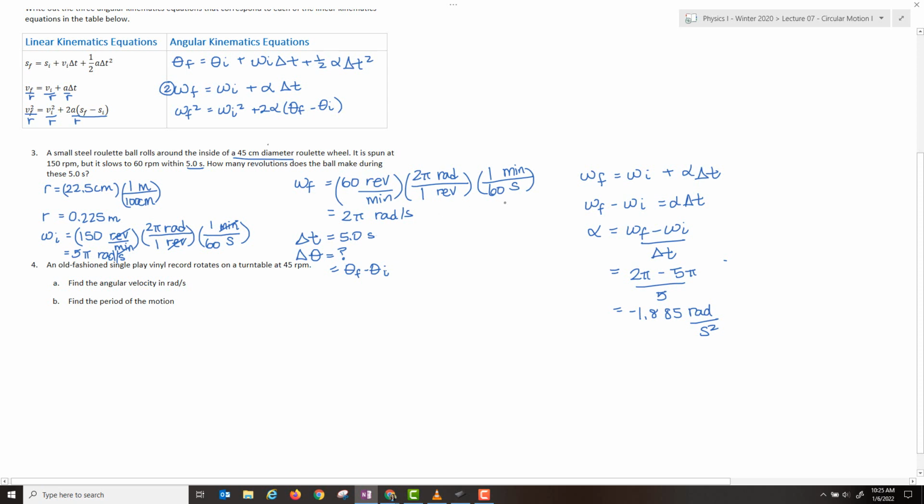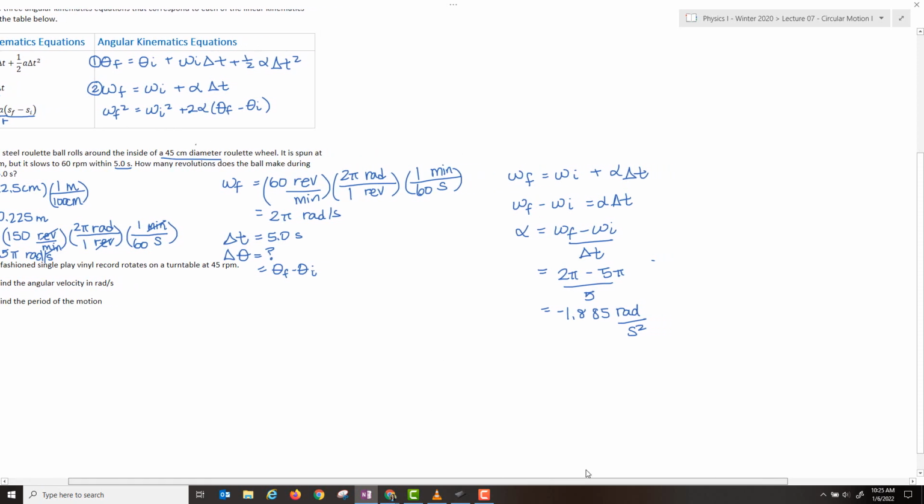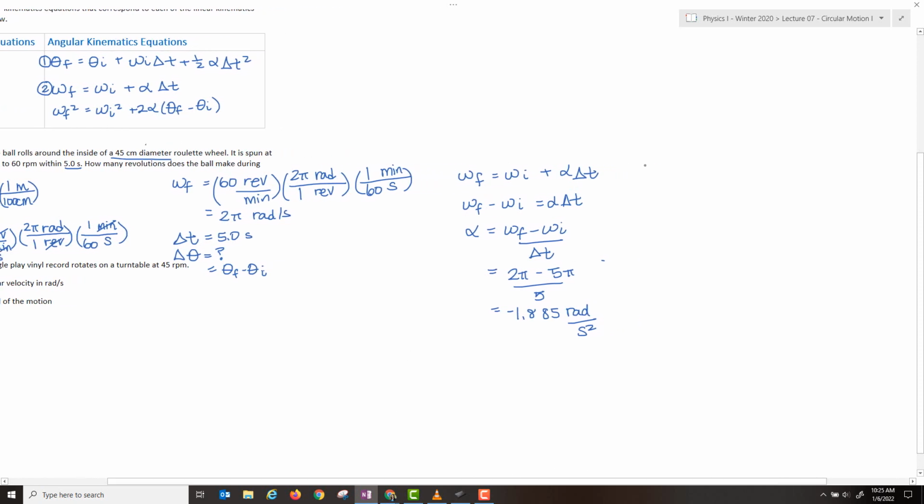So now that I know what my alpha is, I can use a different equation to figure out what my delta theta is. So we can use equation 1. We also could have used equation 3. That would have worked as well. Okay, so let's go to equation 1. So our equation is theta final is equal to theta initial plus omega initial delta t plus 1/2 alpha delta t squared.